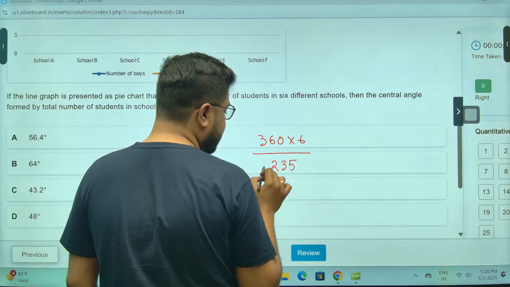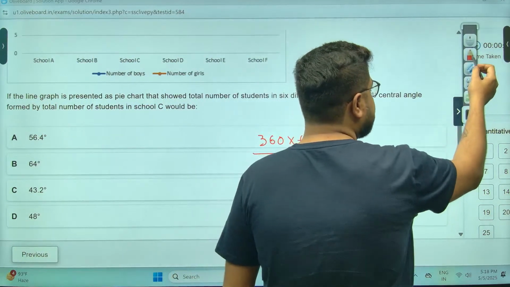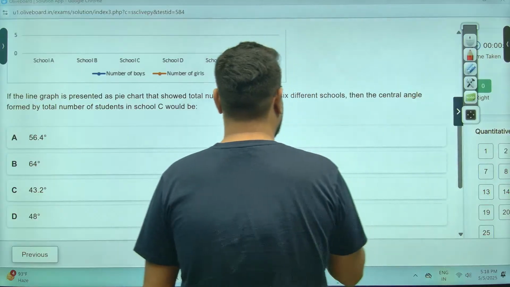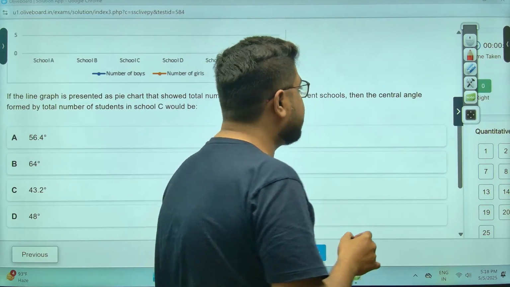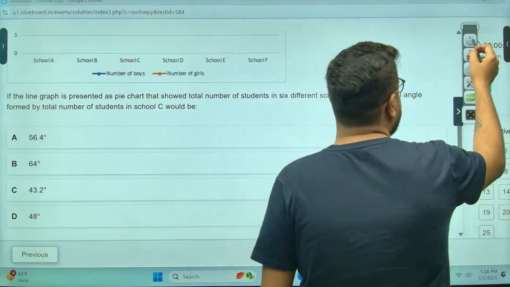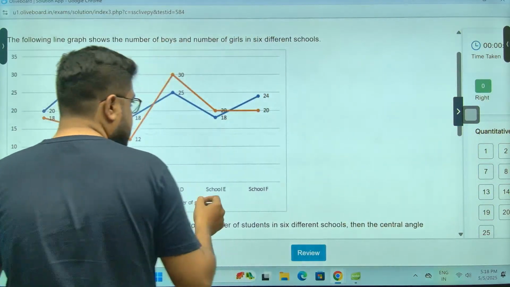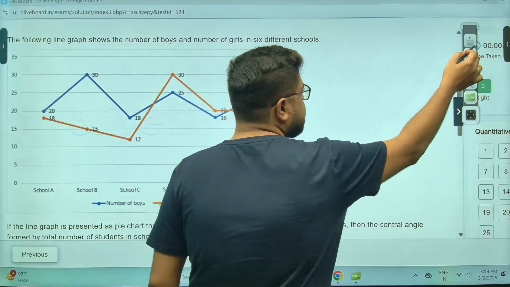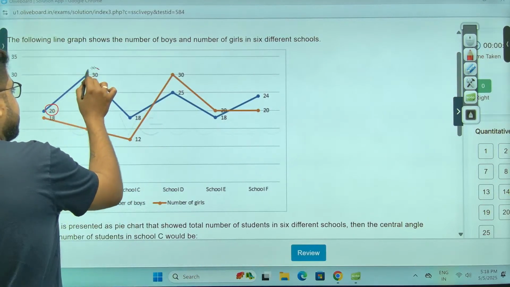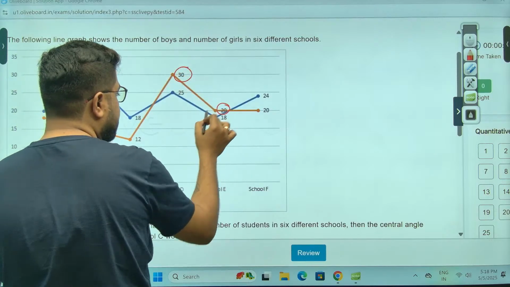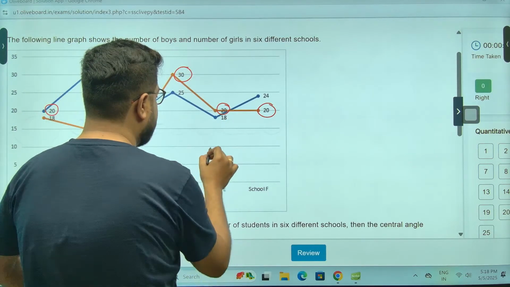Did we make a mistake in the addition? Sorry, it was not 235. How much was that? I messed up. What was the calculation? Total 250. Have I made any error? Let's do it one more time. I guess I have made some error. 20, 30, 30, 20, and this. So 60, 40, 100, 120.